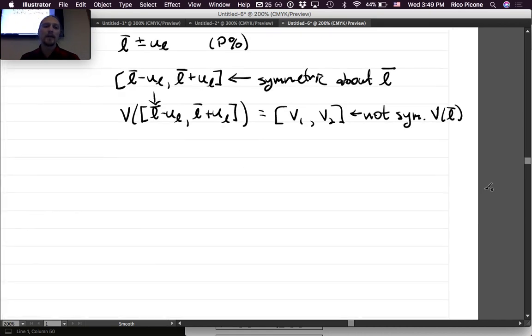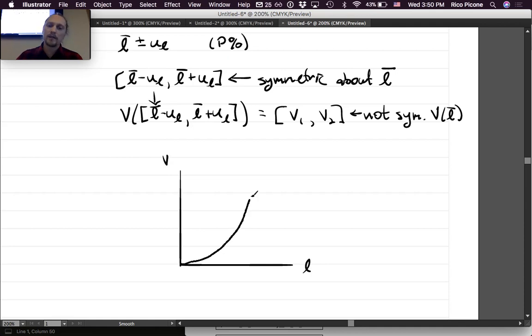I think I can prove this to you by drawing it. Say you had your L and your V, and L cubed looks something like that.